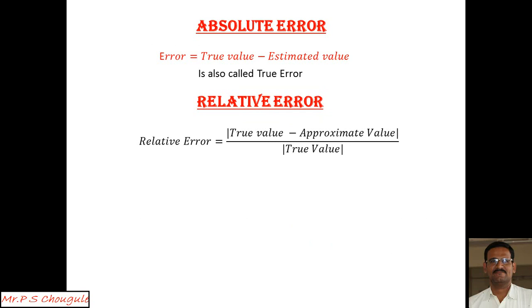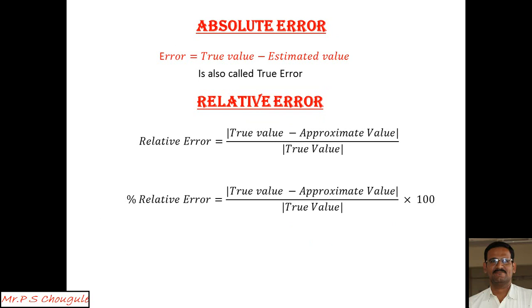Or one may represent this in percentage form, percentage relative error, as absolute error divided by true value multiplied by 100. So you need to remember these formulas, because sometimes in exams they may ask you about the relative error or the percentage relative error.